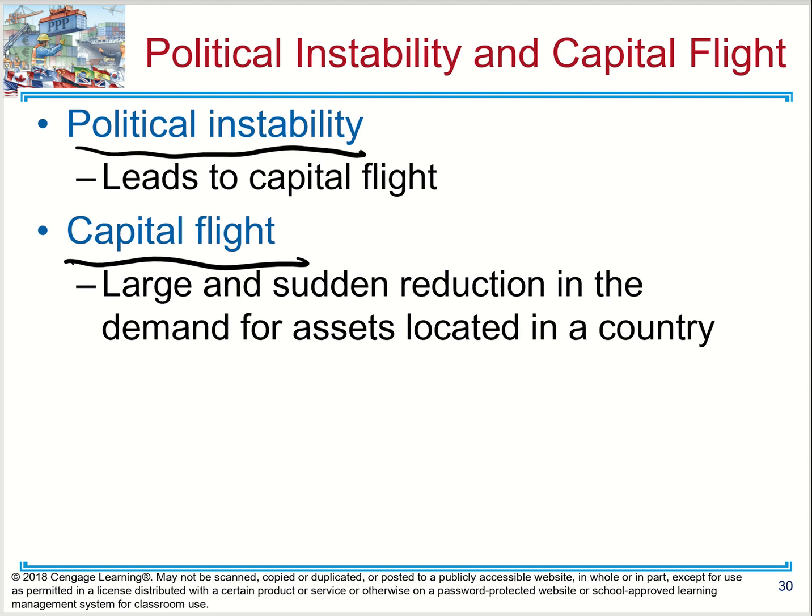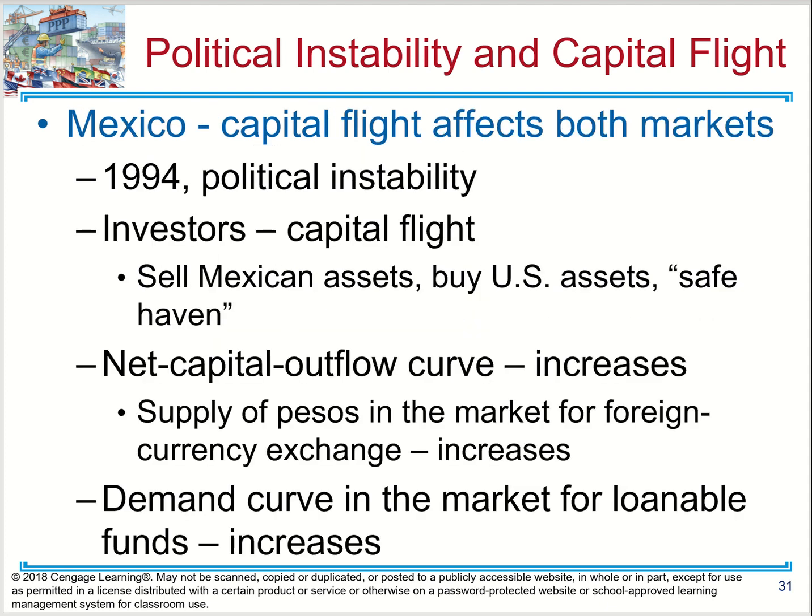So if a country goes through big changes all of a sudden, the investors don't feel very secure about the investment, they will try to pull the money out, and this process is called capital flight. And then we can use what happened in Mexico, for example, in 1994. So in 1994, because of all the political instability in Mexico, a capital flight happened in Mexico.